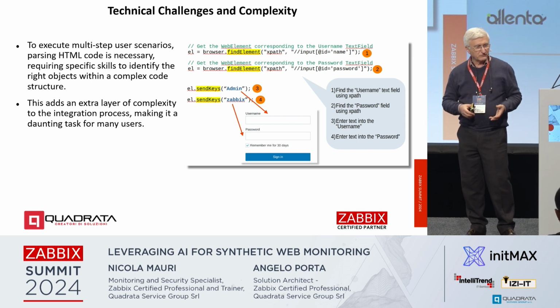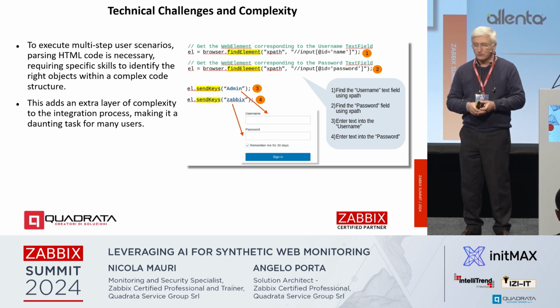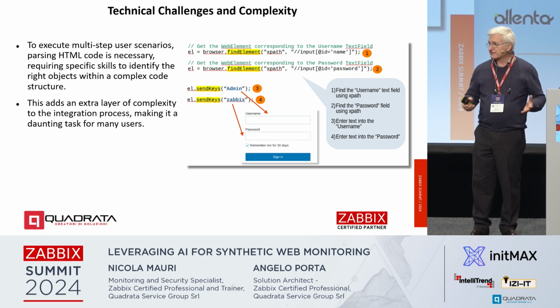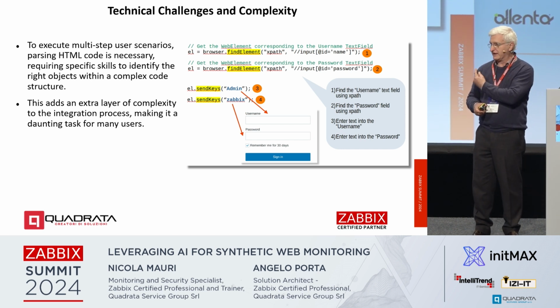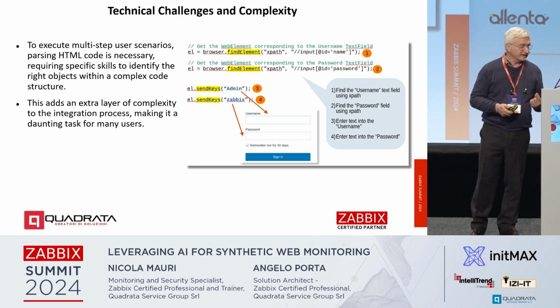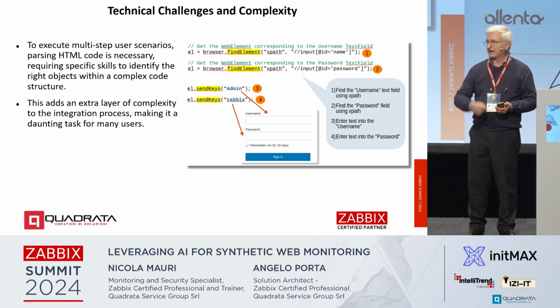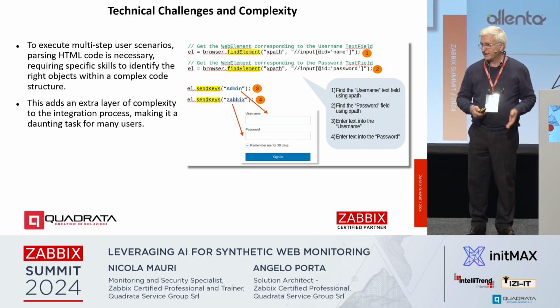I remember a couple of months ago, they introduced the choice for the cookie. So suddenly, every scenario failed, because there is one more interaction in each scenario. And so we have a colleague who basically every day has to modify some of these scenarios. And this is a long, tedious, and error-prone task.